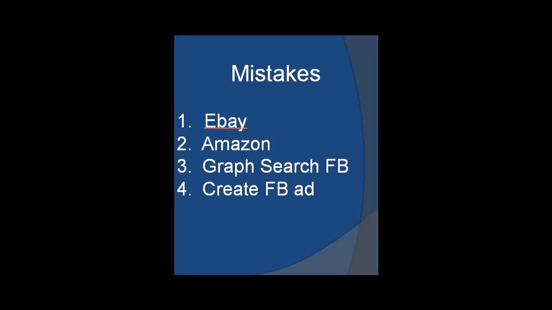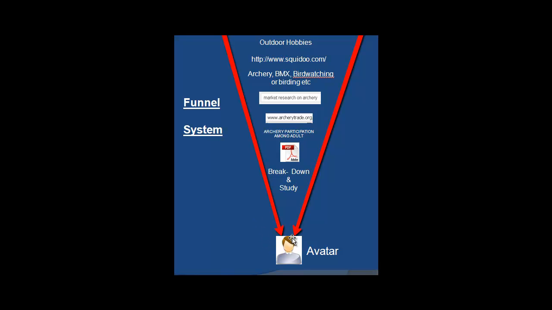Then they go into Facebook, grab search, and look for their community. And then eventually they settle for a Facebook ad. Now, you guys are doing it in reverse. You already started here. And look at all the information you missed.